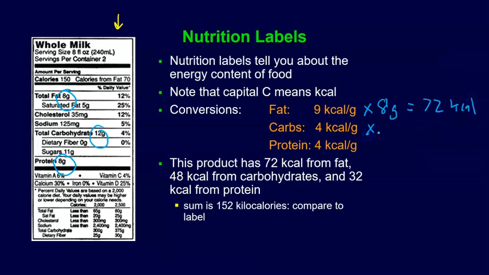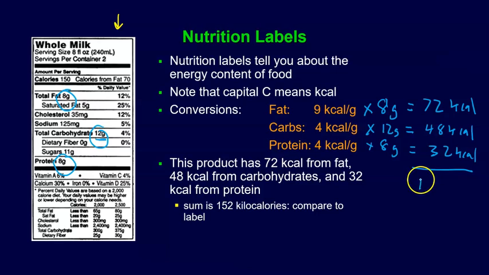For the carbs, we're going to use 4 kilocalories per gram. In this particular item, we have 12 grams of carbohydrates. By my calculations, that gives us about 48 kilocalories. And then the protein, we got 4 times about 8 grams, which gives us 32 kilocalories.